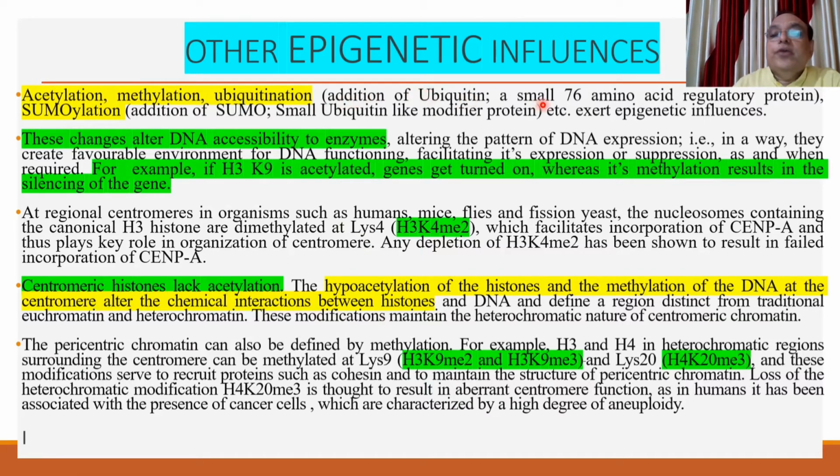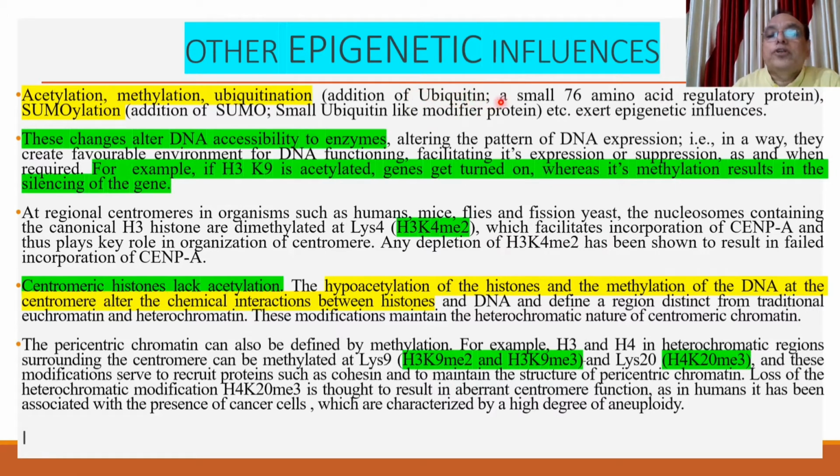One of the students had raised a question: what is ubiquitin? It is a 76 amino acid small regulatory protein. It has a regulatory role in the cell and plays a role at many points. Due to its ubiquitous presence, present at all places, it has been called ubiquitin.